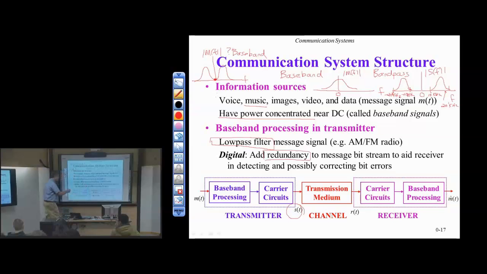So I take every bit that comes in, we may just repeat it, or we can do something more interesting like a parity code or parity check. So what a parity check does is, let's say I have a 7-bit number. The parity bit would tell me how many ones, for example. Is it I have an even number of 1 bits or an odd number of 1 bits? 1, 2, 3, 4.